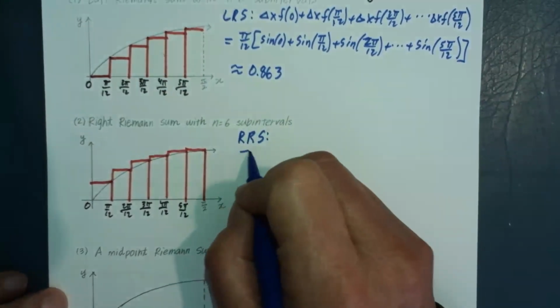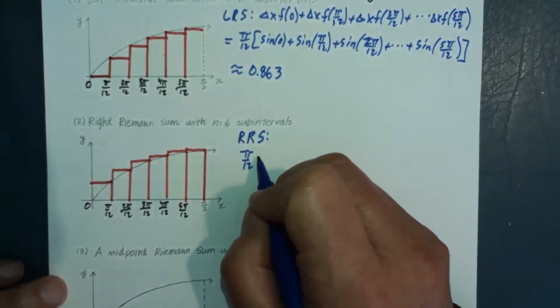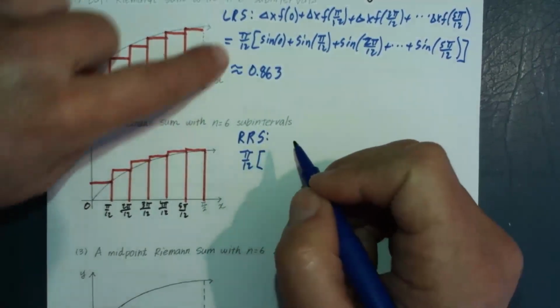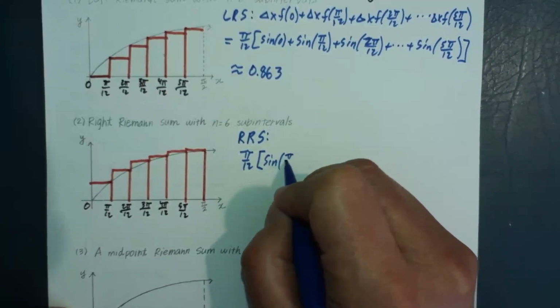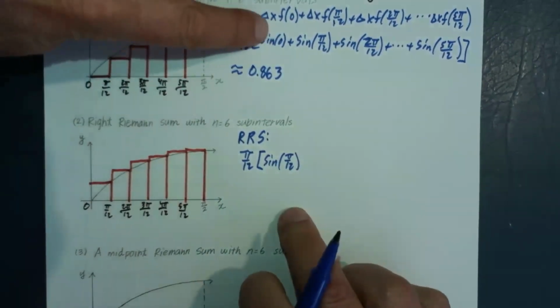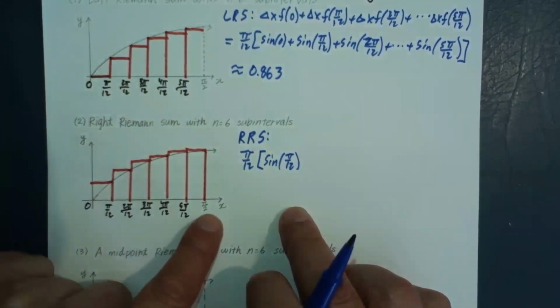And this is going to be pi over 12 times the sine of pi over 12. And I'm going to factor out like I did up here. So this is going to be the sine of pi over 12. Now notice that's different than when we started with the 0 here. Here we're starting with the pi over 12. And we're going to go all the way to pi over 2 in this case.